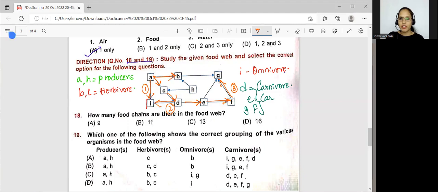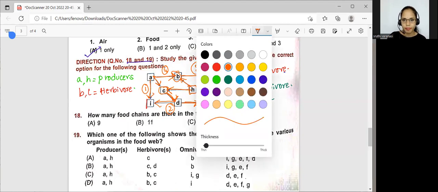A to B is the fourth food chain. H to B, B to G is the fifth food chain. H to C, C to D, D to E, E to G is the sixth food chain. H to C, C to D, D to E, E to F is the seventh food chain. Still, two more food chains you can identify.